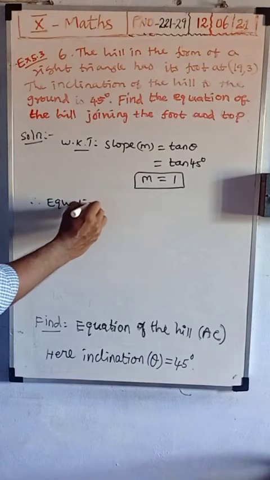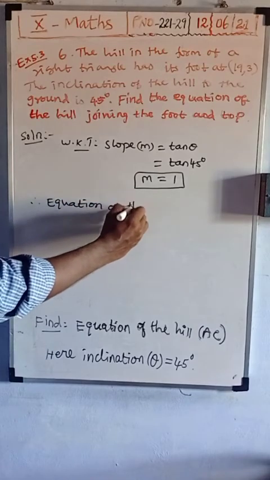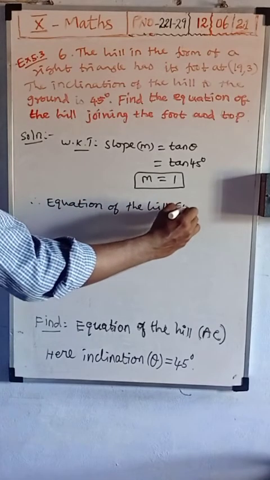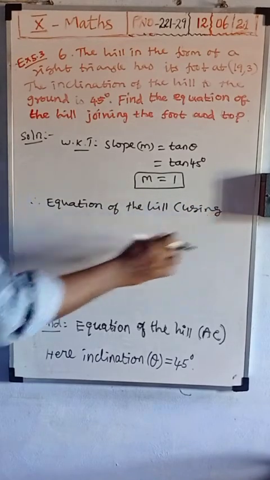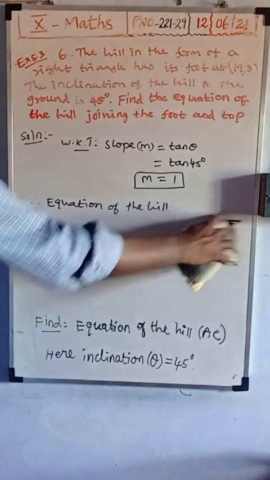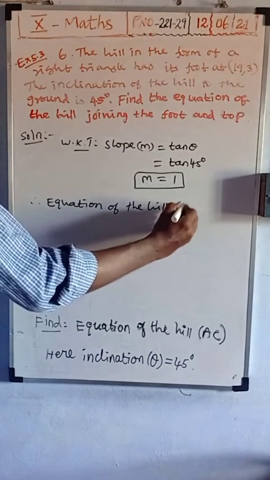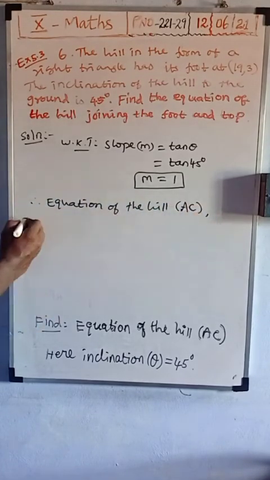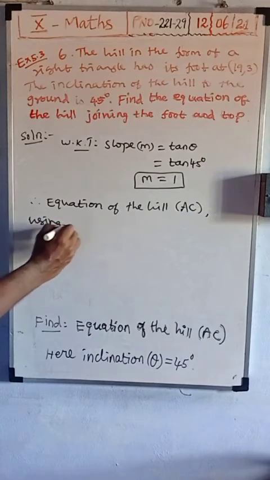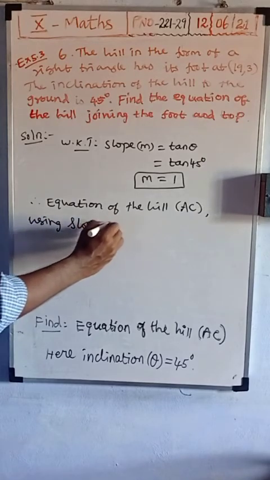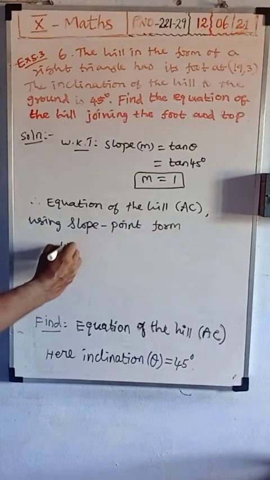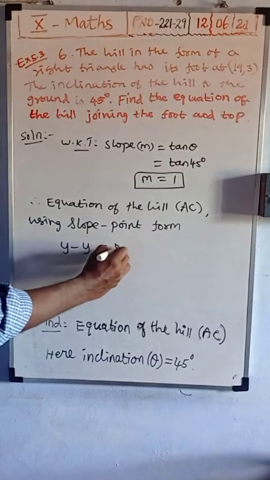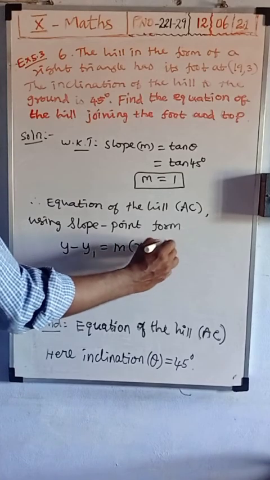Therefore, the equation of the hill AC using the slope point form: y minus y1 is equal to m of x minus x1.